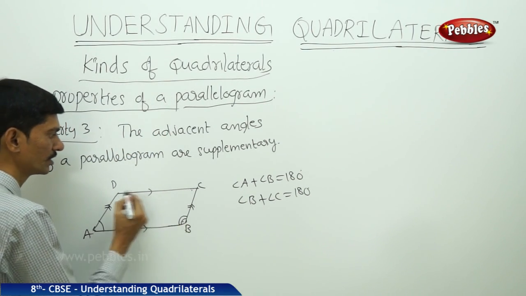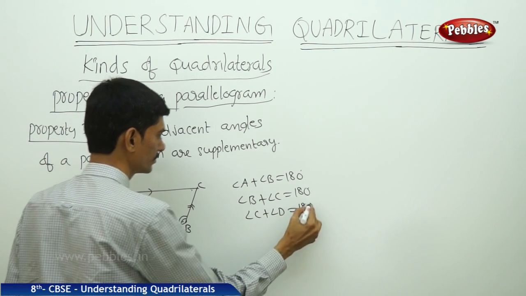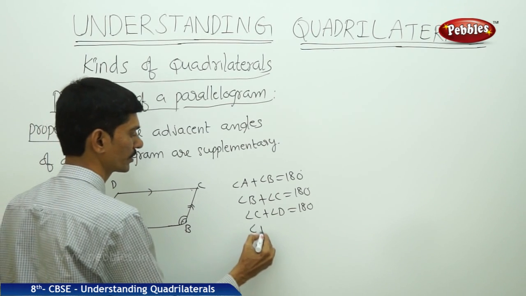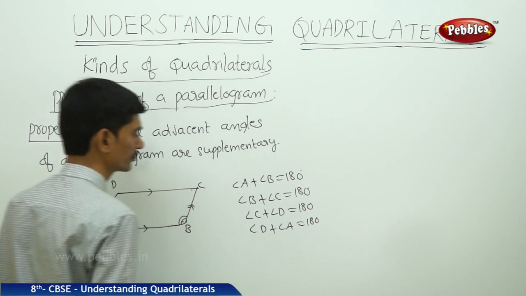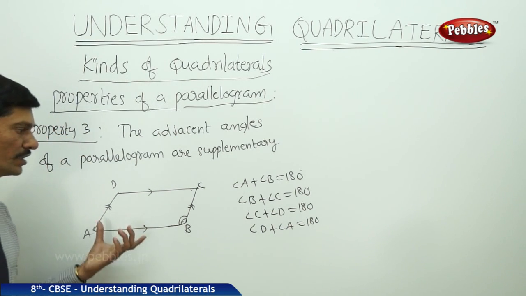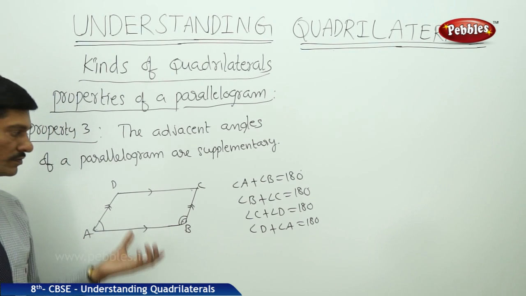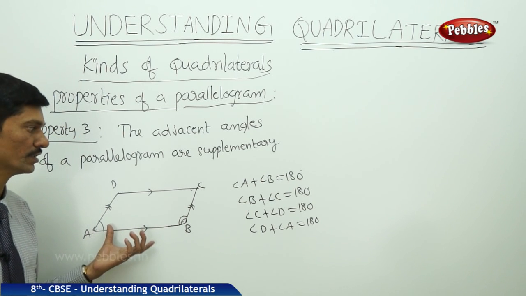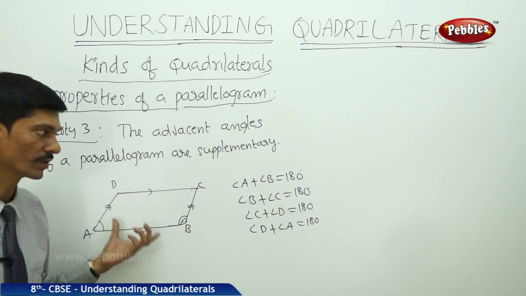Angle C plus angle D equals to 180 degrees, or we can write angle D plus angle A equals to 180 degrees. So the sum of any two adjacent angles of a parallelogram is 180 degrees, means any two adjacent angles of a parallelogram are supplementary.